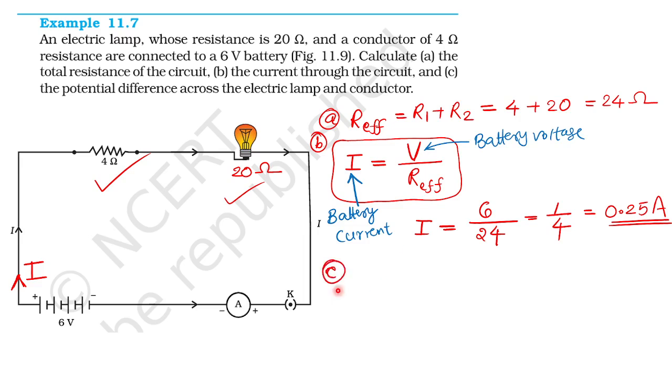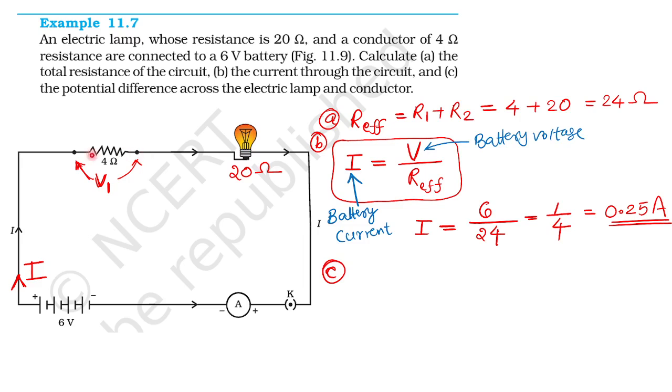C part. What is C part? The potential difference across the lamp and conductor. Potential difference, I have already discussed that. It means between these two terminals of the resistor there is some potential difference, V1. I have explained it some 5 or 10 times. V1 is nothing but the energy required to move the unit charge from this point to the other point.